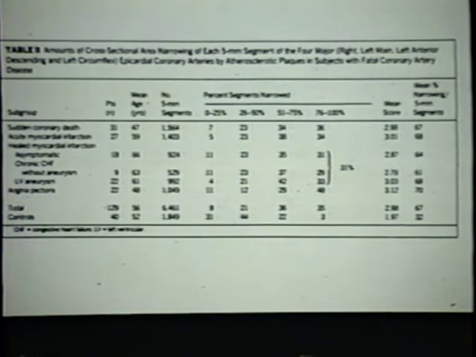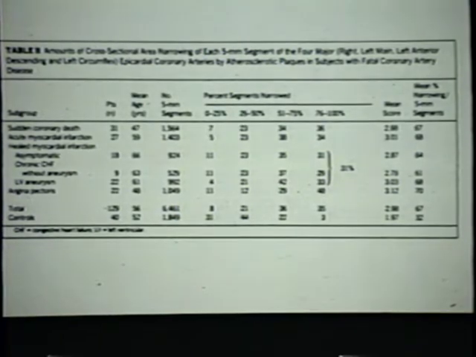So the answer to the question, how much atherosclerosis is necessary to cause at least fatal coronary disease, and I believe symptomatic, I don't think there's a lot of difference between amounts of narrowing in symptomatic myocardial ischemia versus fatal myocardial ischemia. Their answer is a whole lot.